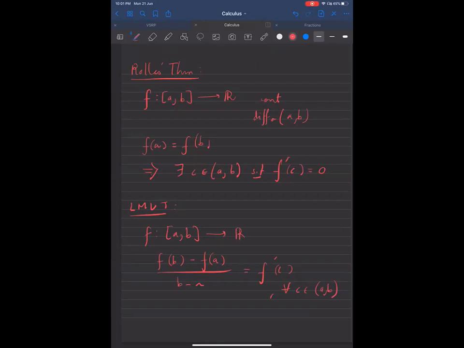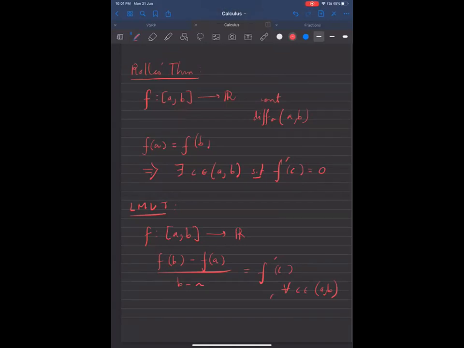Now, do you know how to prove LMVT from Rolle's, or how to prove Rolle's?